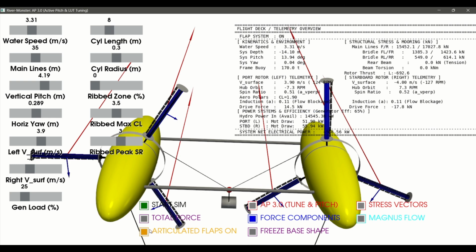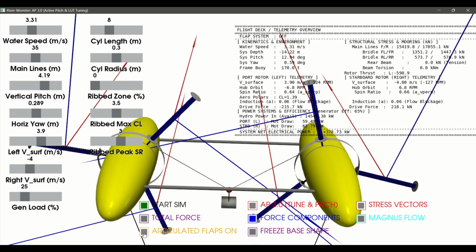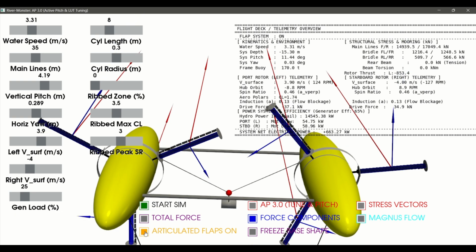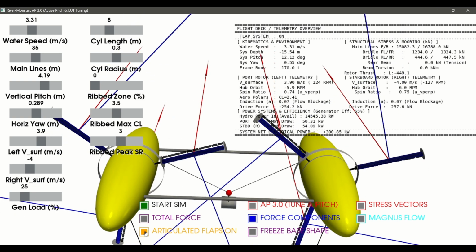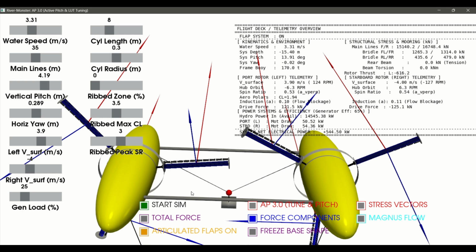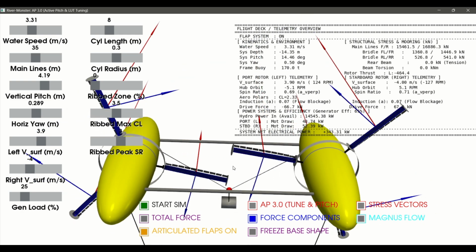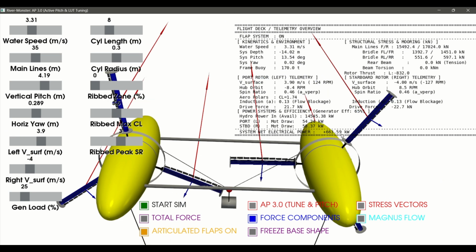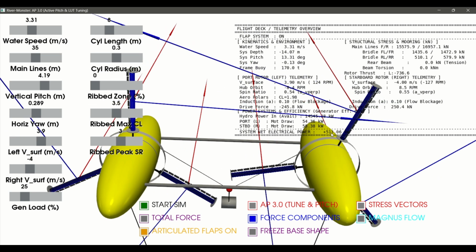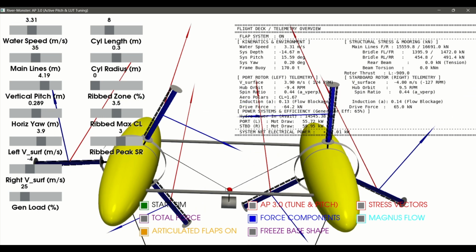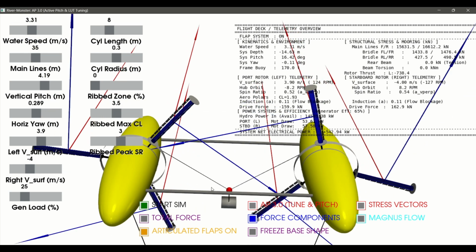A rotating bare cylinder sheds chaotic von Karman vortices in its wake, inducing massive form drag. These flaps force the separated flow to merge smoothly, successfully enforcing the Kutta condition. The result is immediate. As you can see in our telemetry, the effective lift skyrockets. Profile drag collapses, and the net electrical power output is dramatically multiplied.